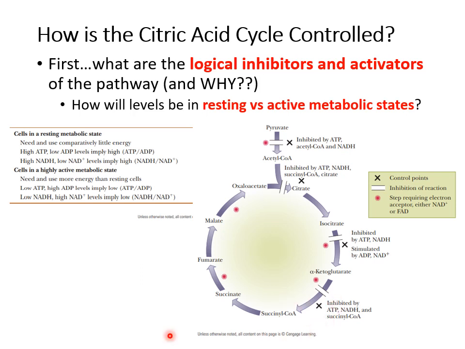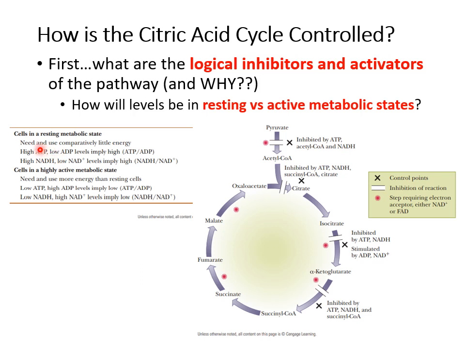Okay, now I want you to notice over here, we have cells in resting metabolic state versus cells in active metabolic state. If the cell is in a resting state, think about it as you're resting. You don't need energy if you're resting, right? So you'll see high ATP, high NADH levels.